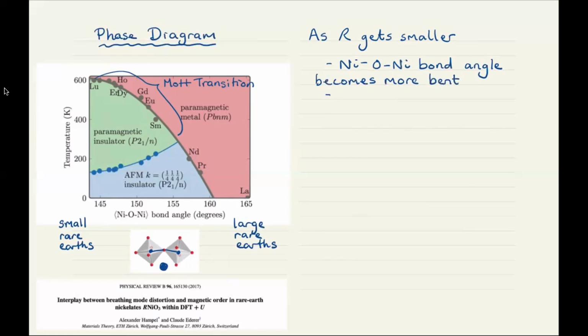As we bend the angle between the atoms, the interaction between the atomic orbitals gets reduced, and the bandwidth, the width of the bands, goes down.